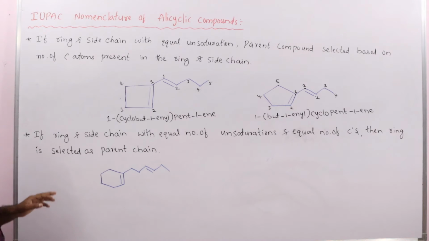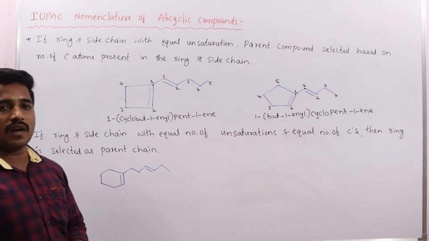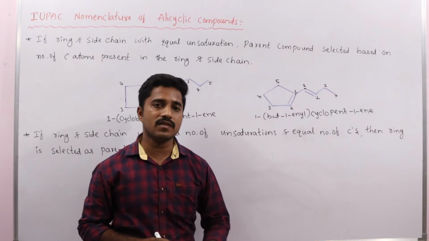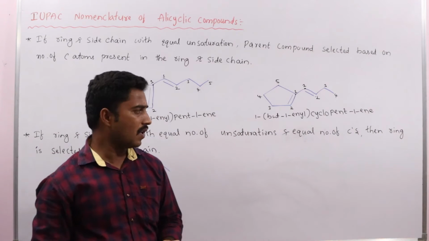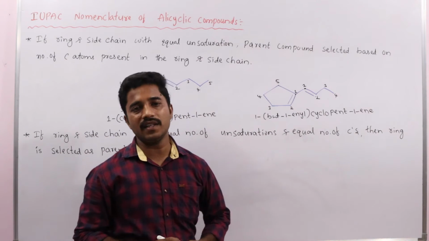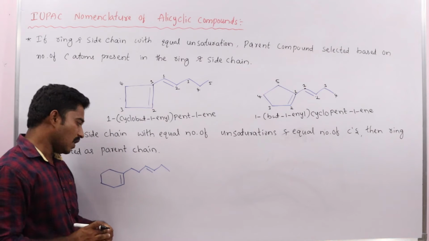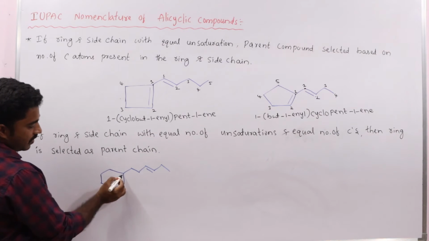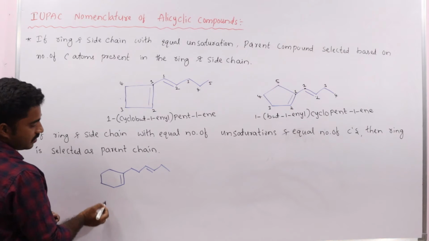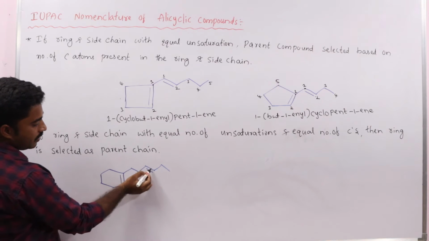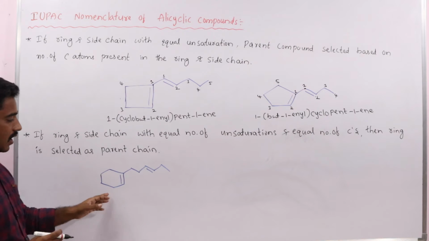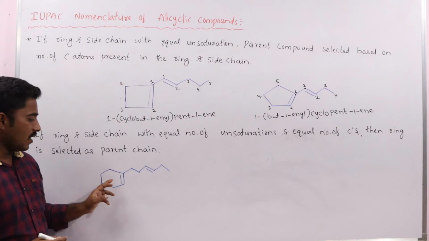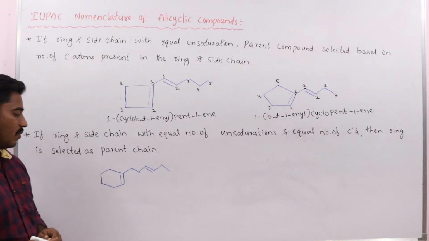Next, this example. Say the ring and side chain have an equal number of unsaturations and an equal number of carbons. Then we have to select the ring as the parent compound. So let us see. Here the ring contains 6 carbons, 1, 2, 3, 4, 5, 6. The side chain also has 1, 2, 3, 4, 5, 6. So that's why we are selecting the ring as the parent compound.